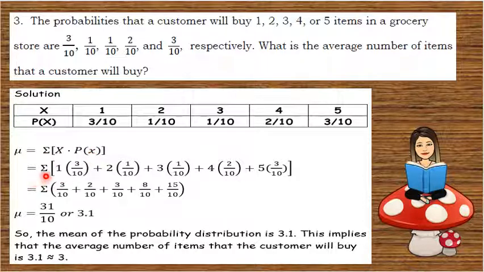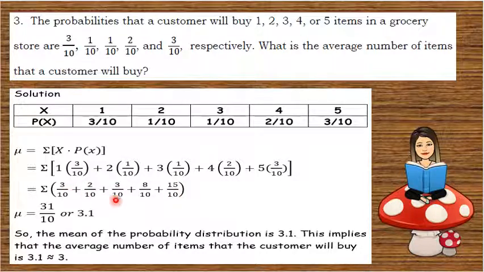So, equals the sum of 1 times 3/10 plus 2 times 1/10 plus 3 times 1/10 plus 4 times 2/10 plus 5 times 3/10 equals the sum of 1 times 3/10 is 3/10 plus 2 times 1/10 is 2/10 plus 3 times 1/10 is 3/10 plus 4 times 2/10 is 8/10 plus 5 times 3/10 is 15/10.